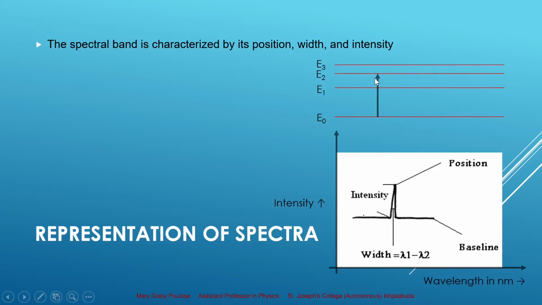So when they move towards the higher energy levels, they will absorb a finite energy of the value E2 minus E0 here. So delta E will be equal to E2 minus E0. Delta E will be equal to h into delta nu.